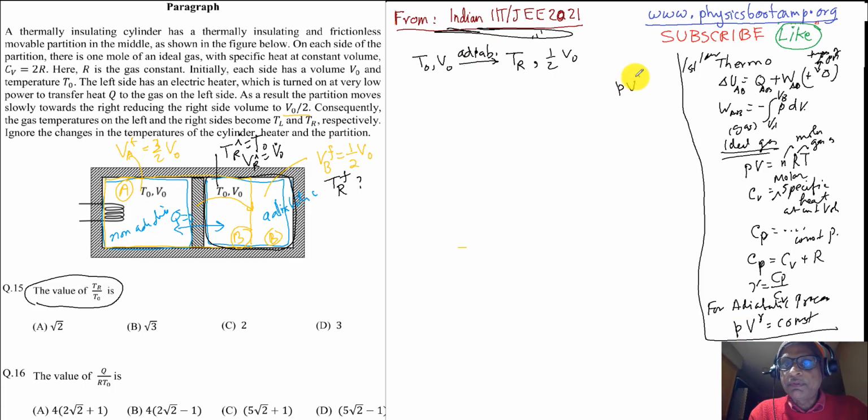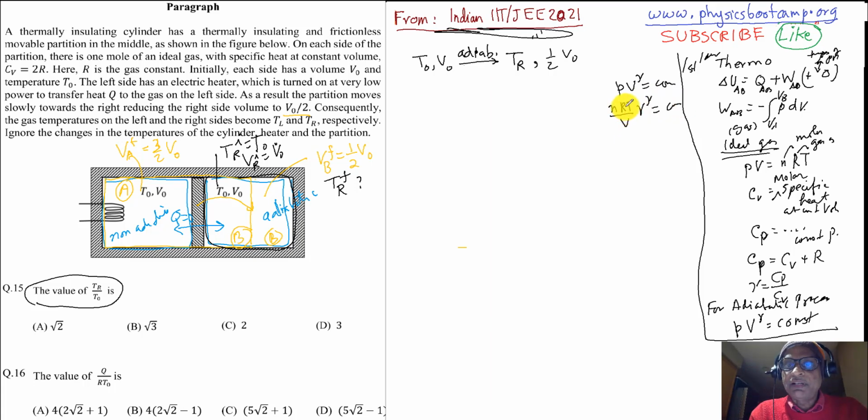So we just learned PV to the power gamma is constant. We can write this in terms of temperature also. There's no P known here for us, so we can say PV equals nRT, so nRT over V to the gamma is constant.